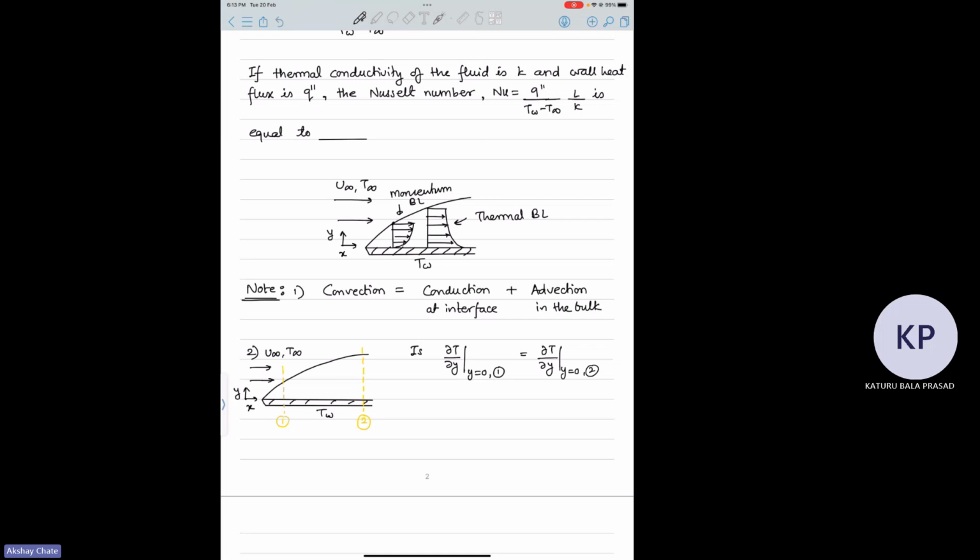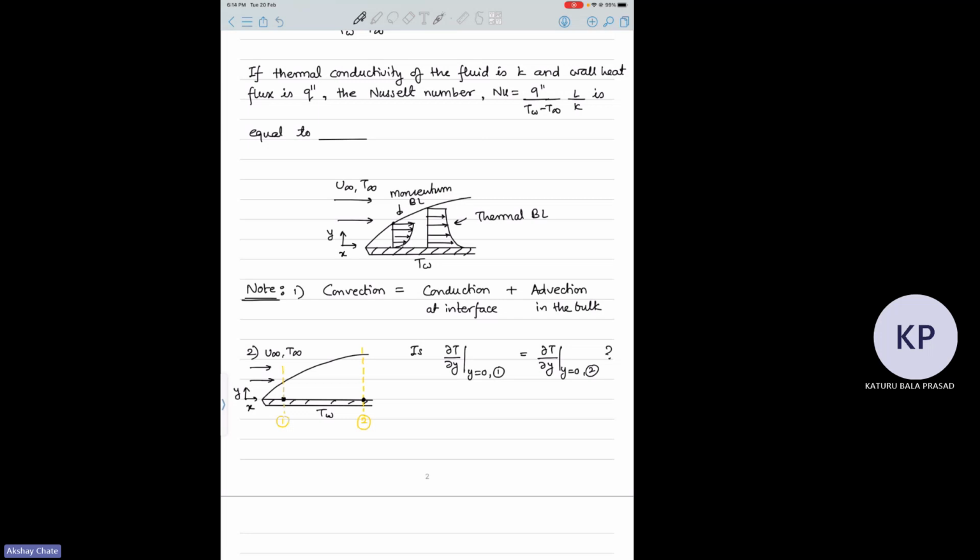So basically what they are asking is, at the wall, at y equal to 0, the temperature gradient with respect to the y direction, whether they will be equal or different or how. Typically for this type of problem, you can't solve it mathematically because that will be too involved. You need to rely on your gut feelings.